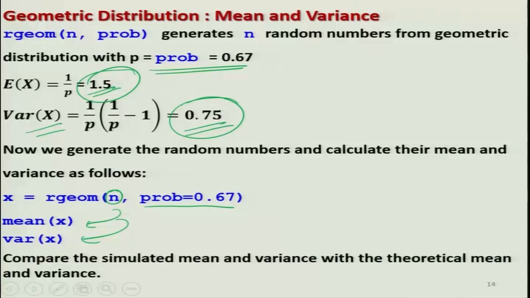The outcome that you will see is that as you increase the value of n, say from 10 to 100 to 1000 to 10,000, the values of mean and variance will approach the true values. Right. So now we stop this lecture, and I am sure this type of lecture will appear very easy to you, because I am showing you the same thing I have shown you earlier, only the commands are changing.